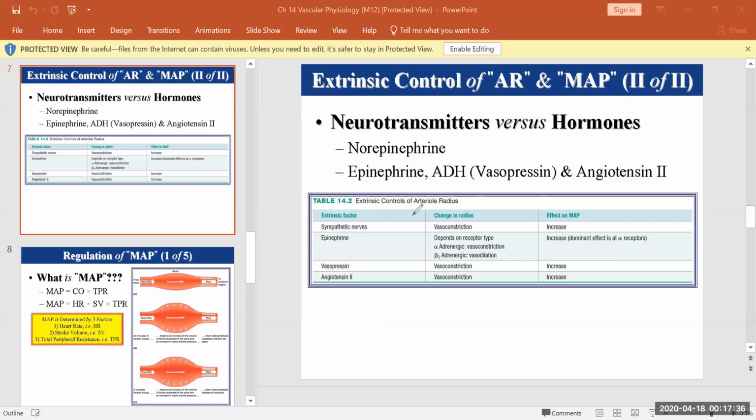This table here, you're gonna learn it as is. I'm gonna emphasize something here because it's not really clear. The norepinephrine is released as a neurotransmitter, NT, right? And that neurotransmitter, that norepinephrine, is released by postganglionic fibers, and this is from anatomy.